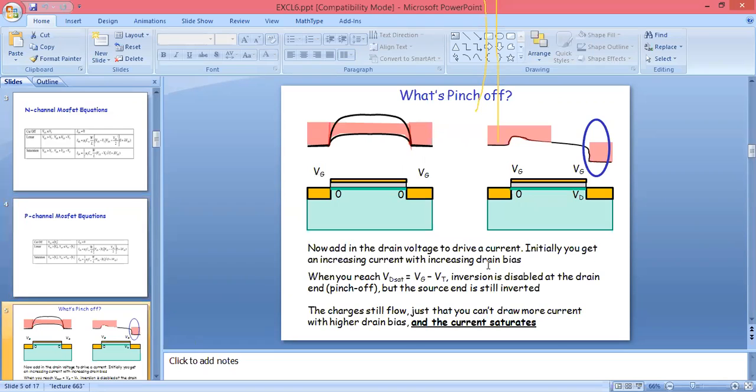Now we will see the pinch off region. In which region are we getting the pinch off region? Can anyone tell me? We are getting three regions in the output characteristics: cutoff, linear and the saturation region.